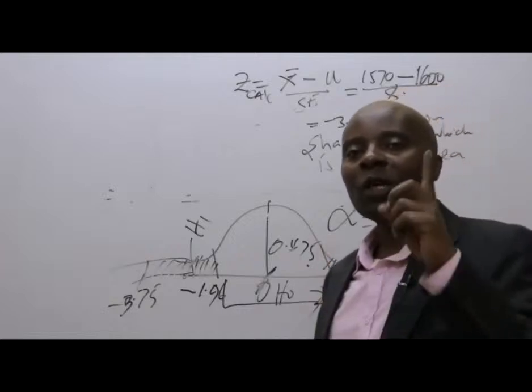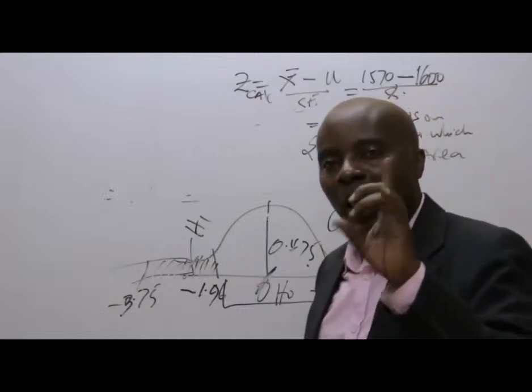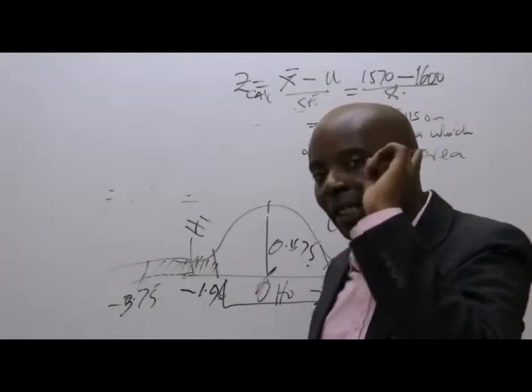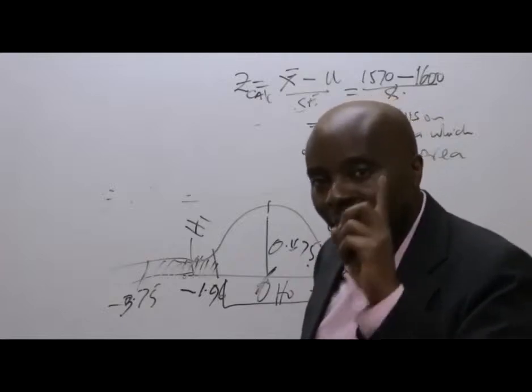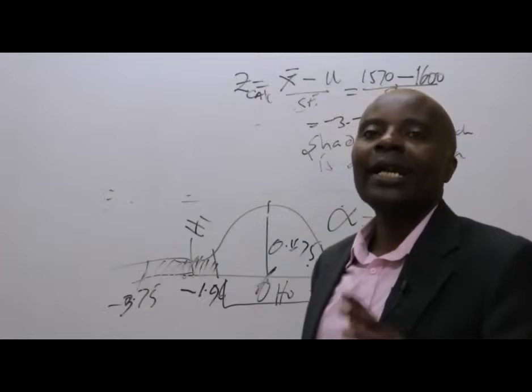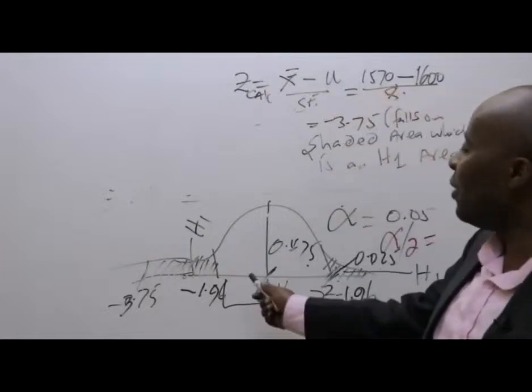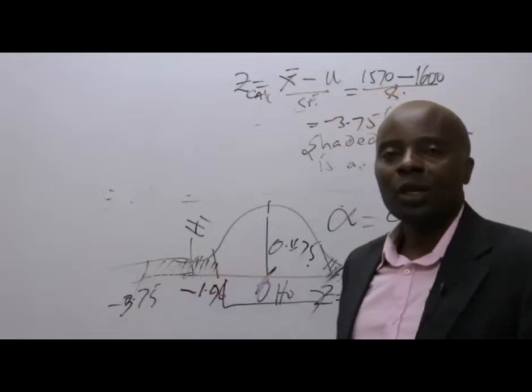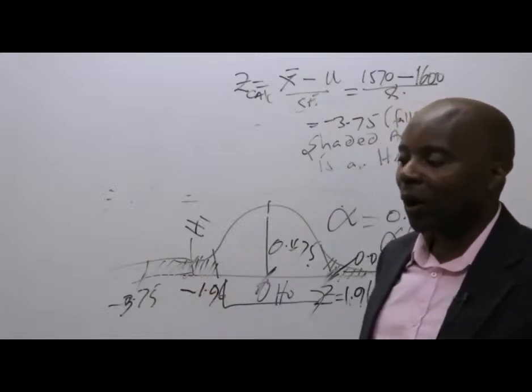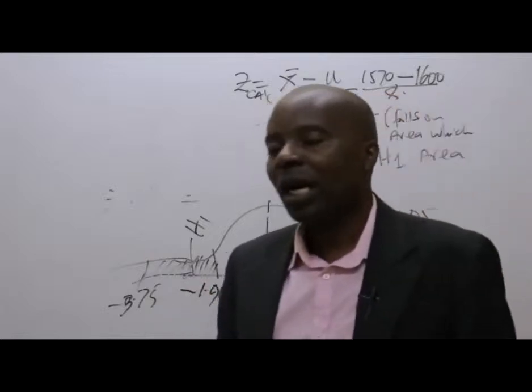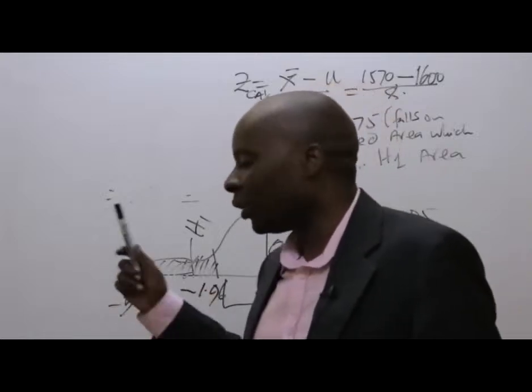That manufacturer who was claiming that his bulbs will stay lighting for 1600 hours has cheated us. Ideally, we expect much fewer hours, because it has fallen on the left-hand side.